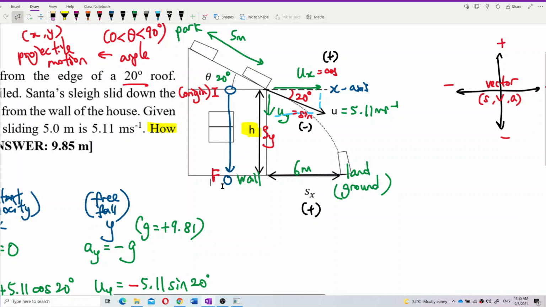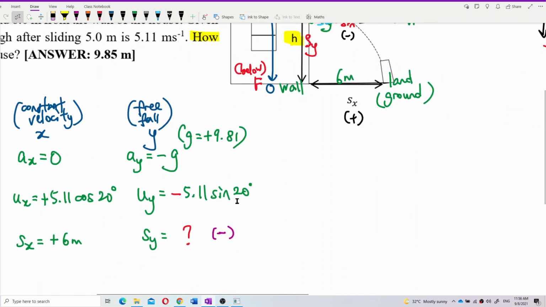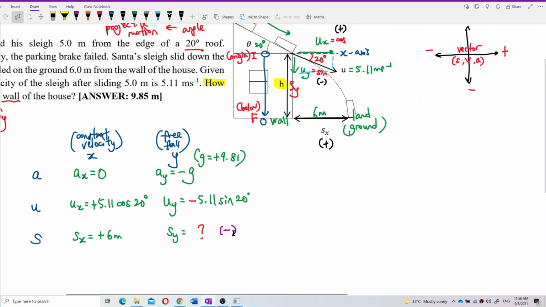The final point is below the origin. So when it is below the origin, sy should get a negative value, actually negative h, negative the height.